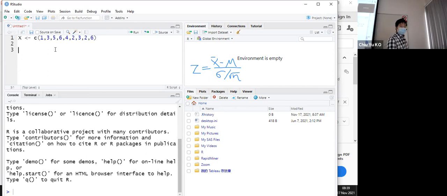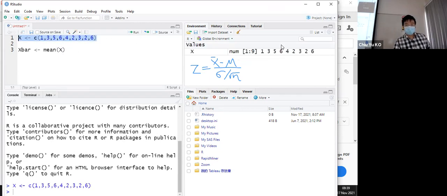We can calculate very quickly the X bar, which is the mean of X. First we input the data and run it. After you run it, you can see the data is in the environment. It's there.